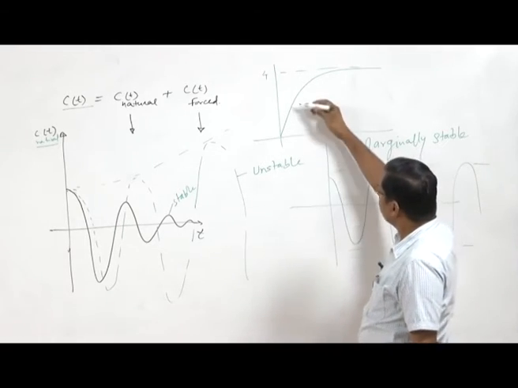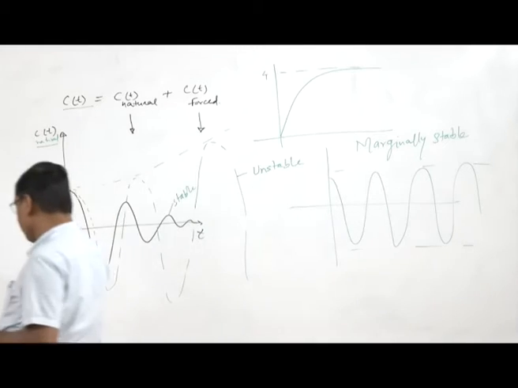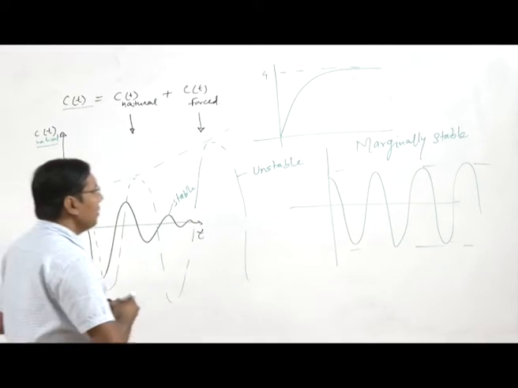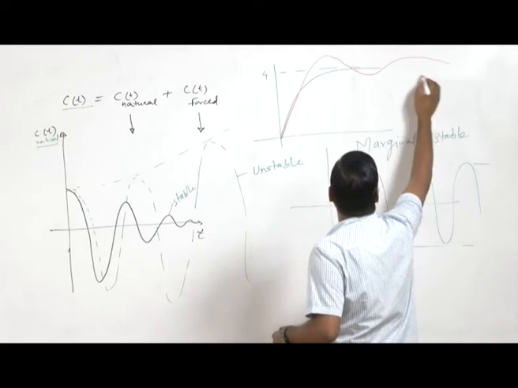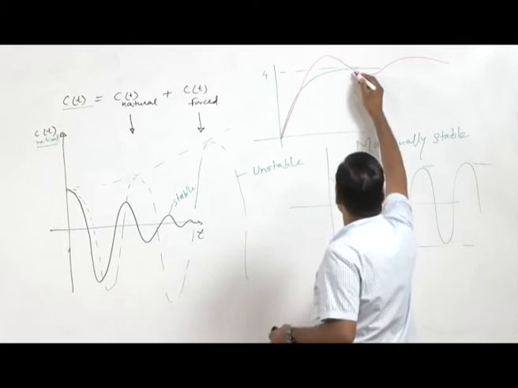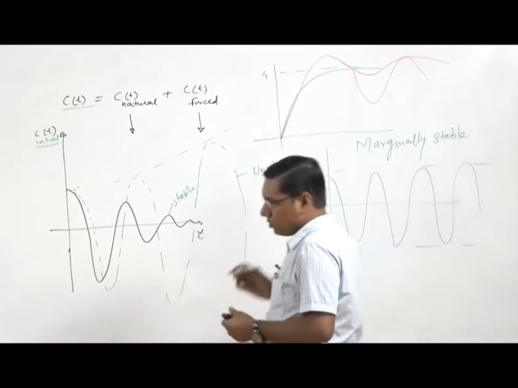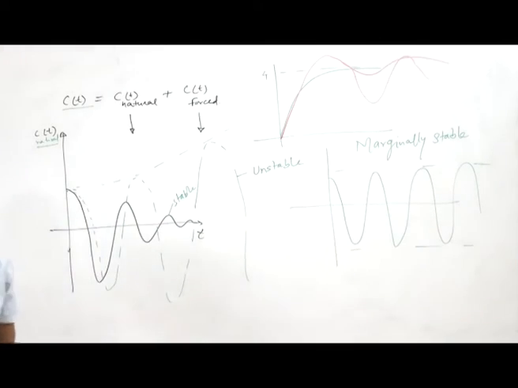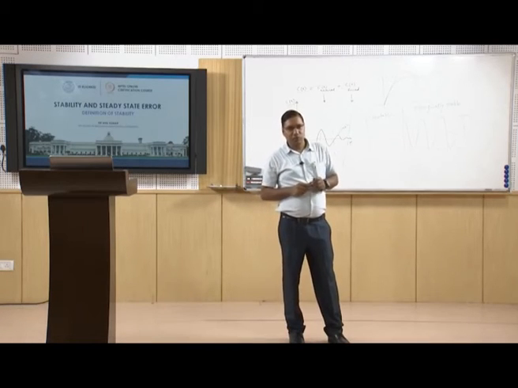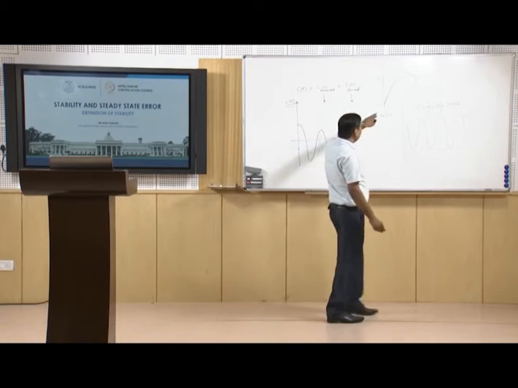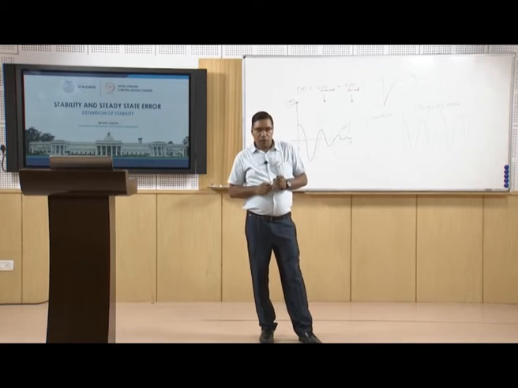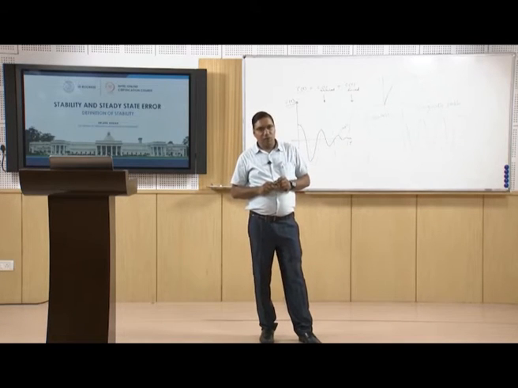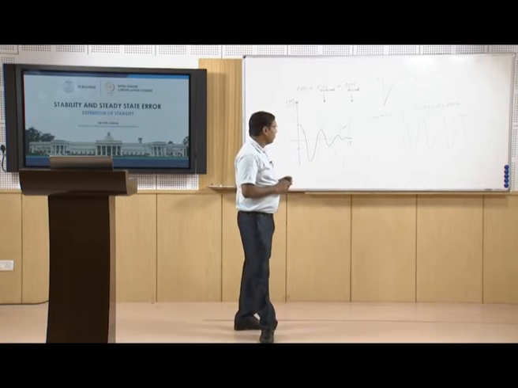But suppose it is not approaching the steady state value, but some other, absurd, unbounded value. So this transient part is growing without bound, and then we call it an unstable system.